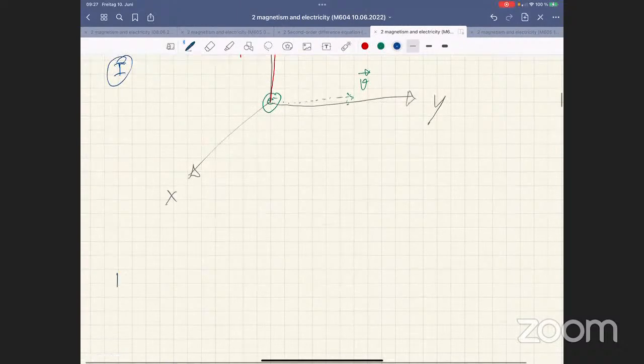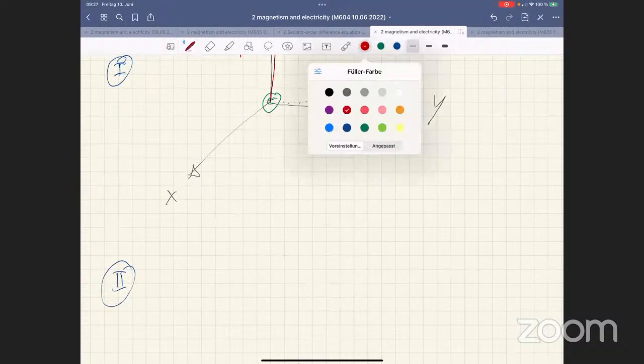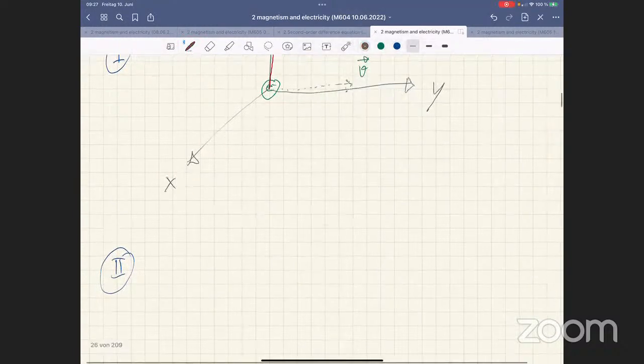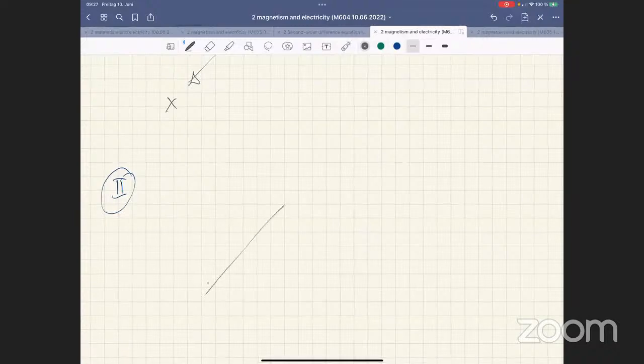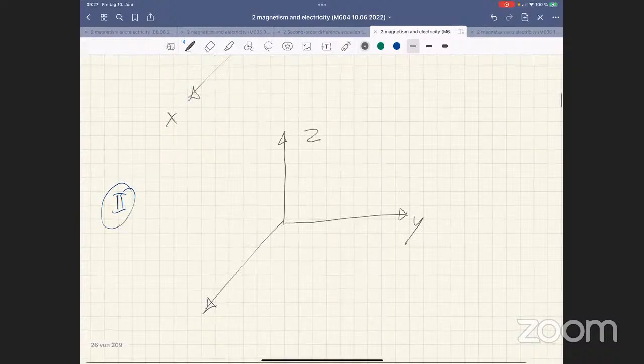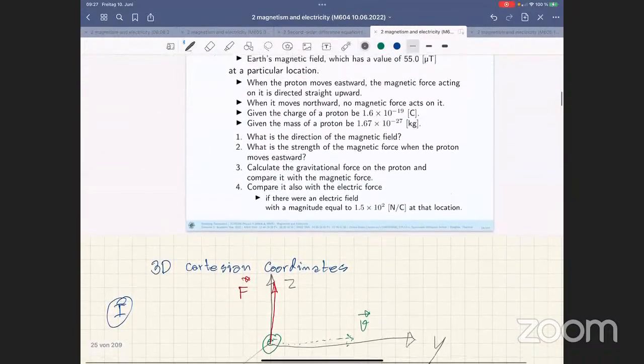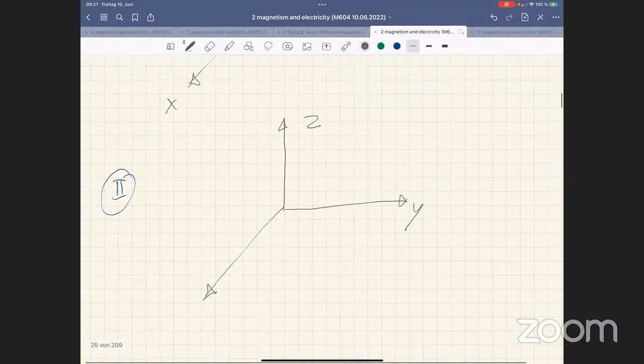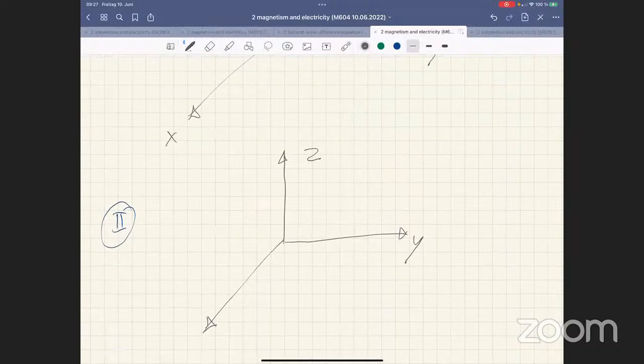The second scenario: we have to draw the x, y, z axes, and the z-axis like this, right? They say it moves in the north direction. This is east, here is north, here is south, and here is west, right?